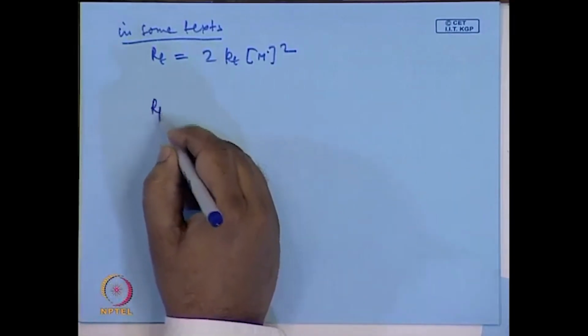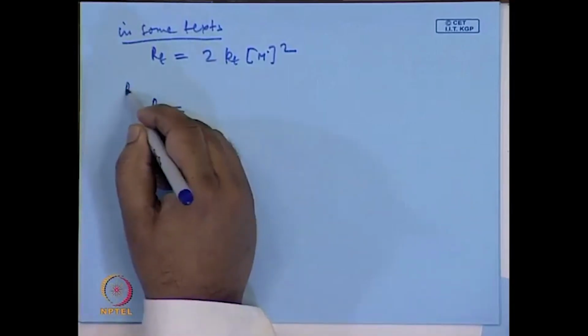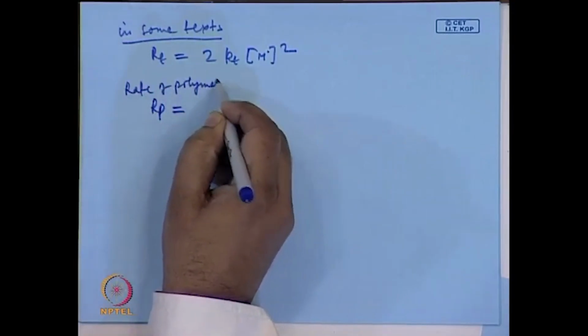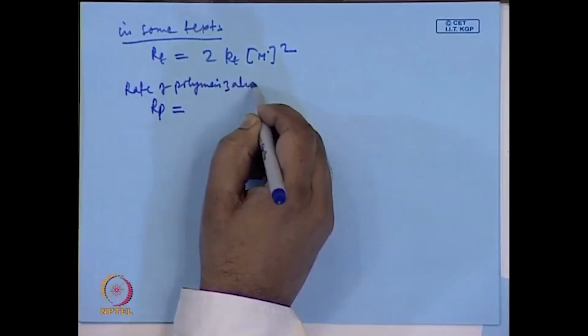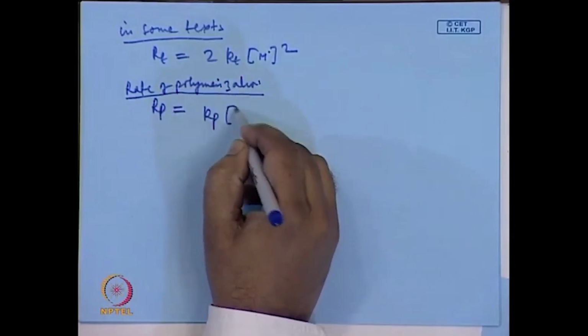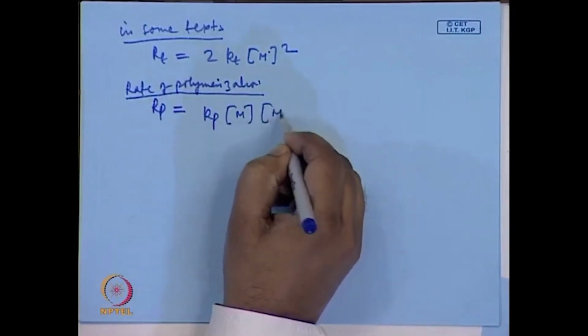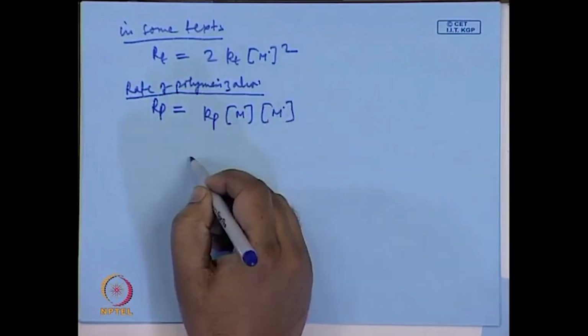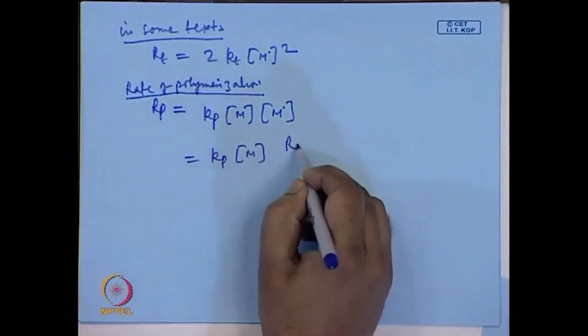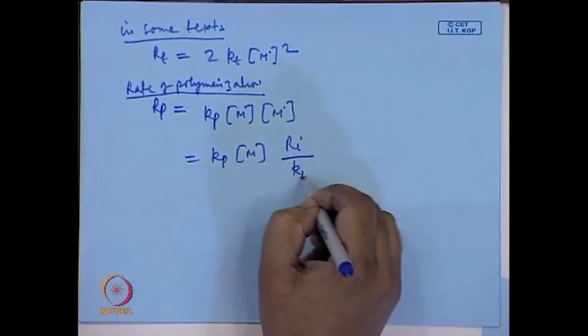So, the rate of polymerization Rp that we have deduced earlier, with M dot now becoming M Ri by Kt.